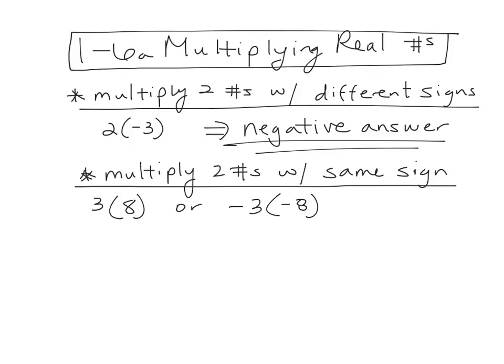If I do 3 times 8 or -3 times -8, it will always be positive, right? So you're going to get a positive answer if they have the same sign. You're going to get a negative answer if they have opposite signs. So one of each, negative, two of the same, positive.